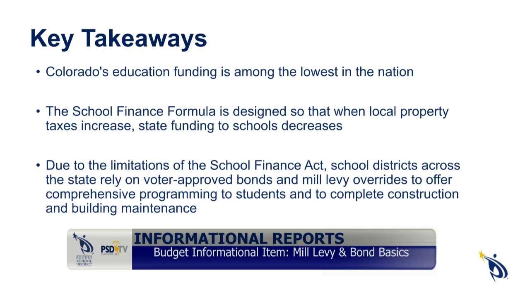And then the last piece is that we rely on voter-approved bonds and mill levy overrides to offer comprehensive programming to students and to complete construction and building material maintenance. So the idea here is that the School Finance Act is not doing any of this. There's no line item in the School Finance Act for infrastructure or buildings or any replacement cycle items.